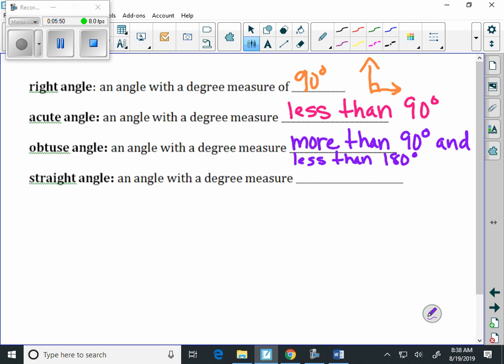I know my line's not long enough, but I hope that you can fit that in on your paper. More than 90 degrees, but less than 180 degrees. Because 180 degrees is that last angle on there, a straight angle. It's an angle with a measure of 180 degrees.